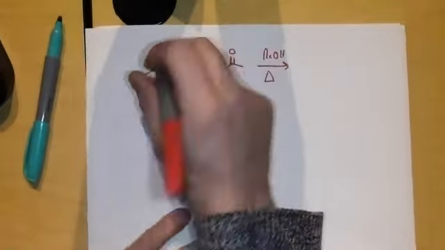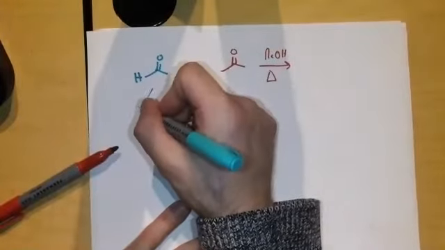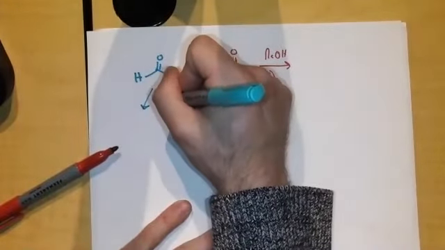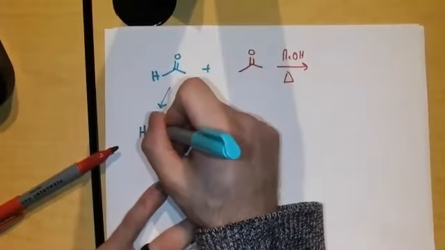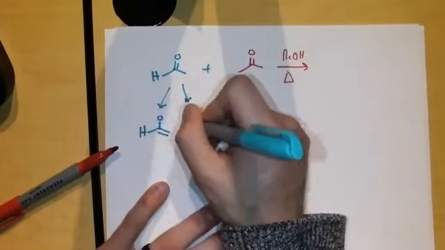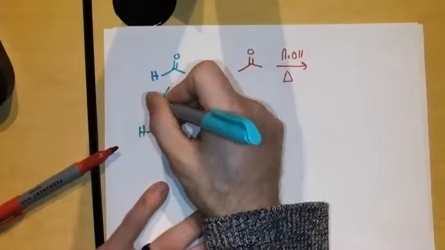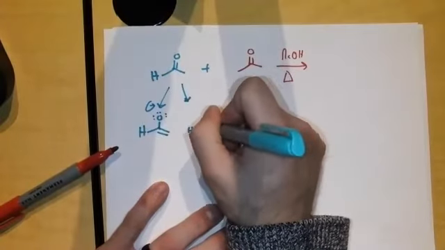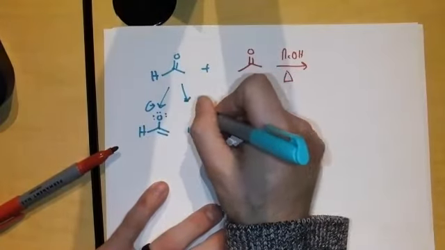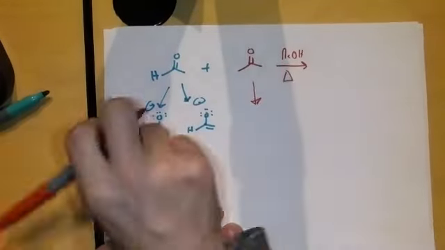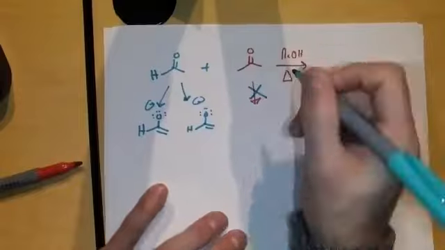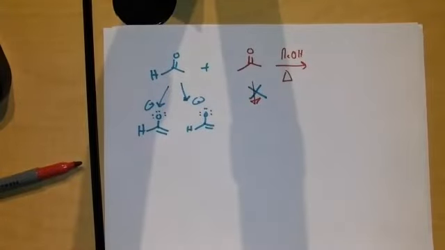So I can make this aldehyde enolate, but I'm not actually going to make my ketone enolate because it's less acidic.